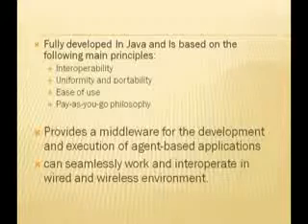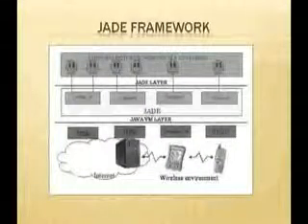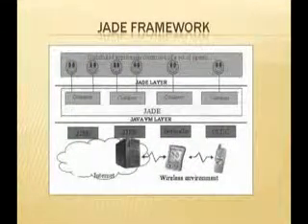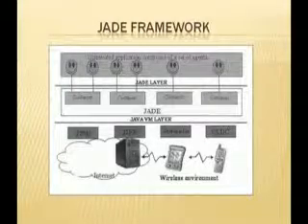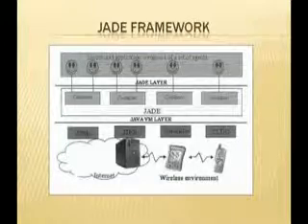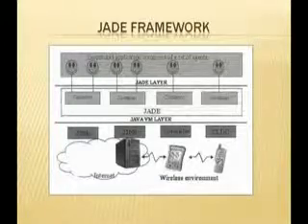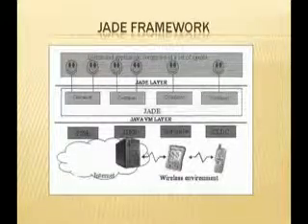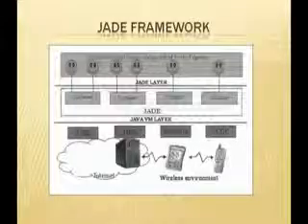It also provides good abstraction, which makes it easy to use, and it follows the pay-as-you-go philosophy. As you can see in the diagram, this is the Jade framework, which is basically a layer between the set of agents and the different media which communicate with the agents in different ways. So Jade is actually acting as an interface to provide communication between the agents and external influences.